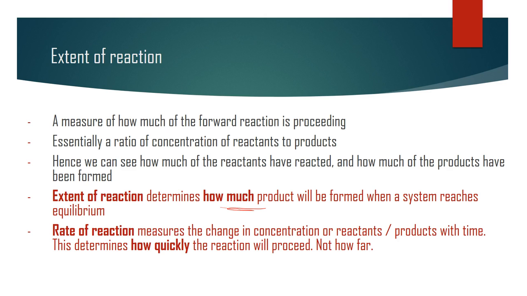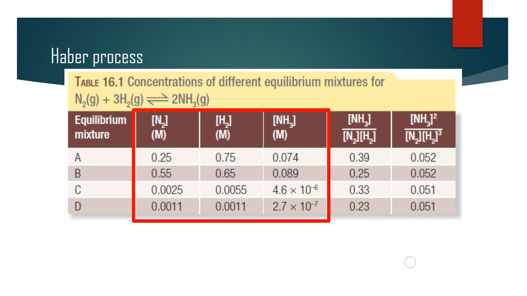So the idea of the rate of reaction and kinetics can give us an idea of how quickly the reaction will proceed. Equilibrium tells us, though, how far it will go, so it allows us to determine how much product we can expect to get from a particular system.